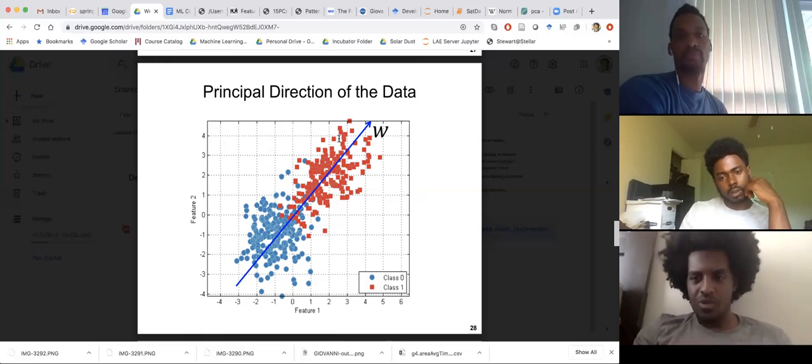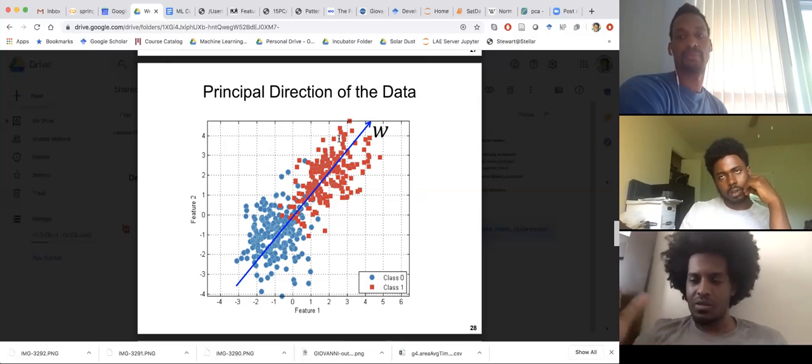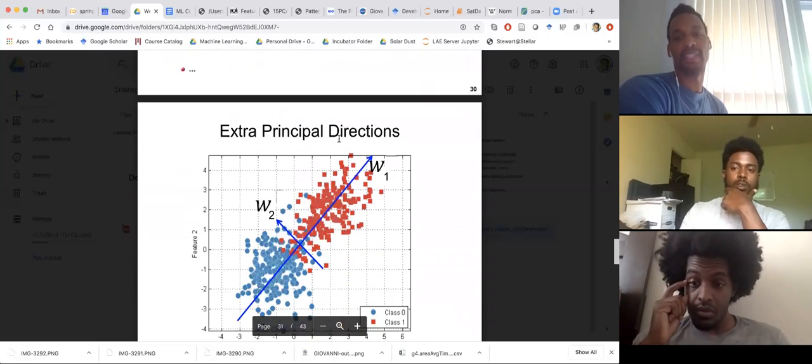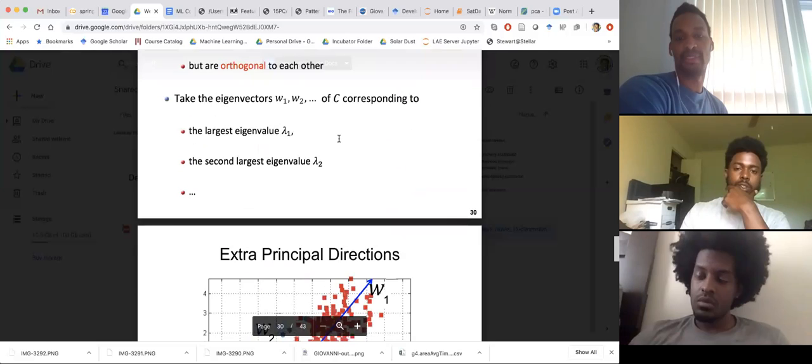So when we get all of our eigenvalues, each eigenvalue is a magnitude, and its respective eigenvector is a direction vector. The one that has the largest magnitude tells you this is the direction of the maximum variance, which is what we're trying to find, and that captures the most information. Does that make sense?